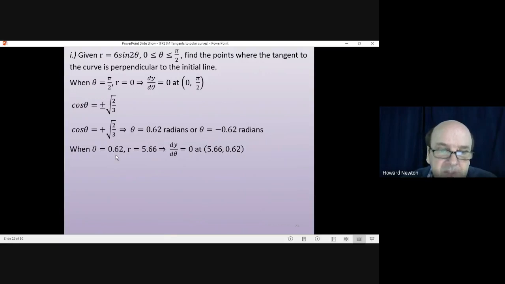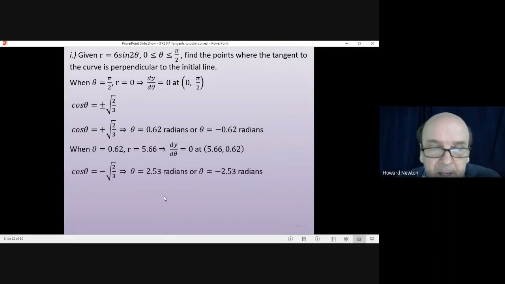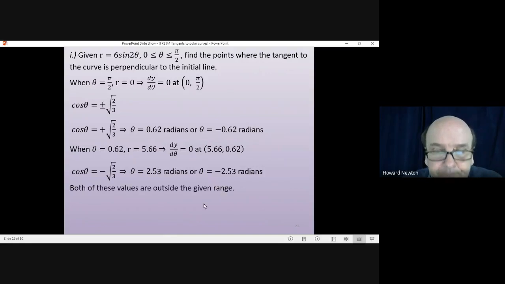When theta equals 0.62, substituting into r gives us r equals 5.66, which means that dy by d theta equals 0 at r equals 5.66, theta equals 0.62 radians. If cos theta equals minus the square root of 2 over 3, then we get theta equals 2.53 radians, or theta equals minus 2.53. Both of these values are outside of the given range, which is from 0 up to pi by 2. So we can ignore those.